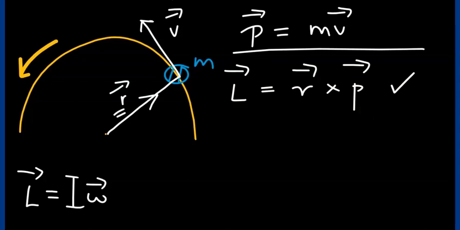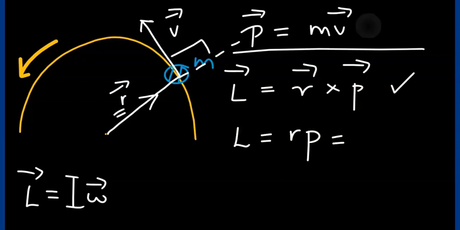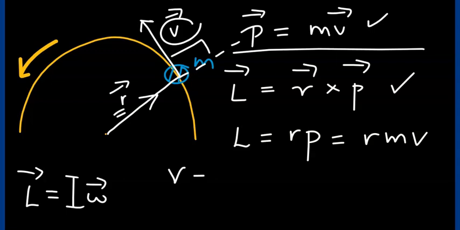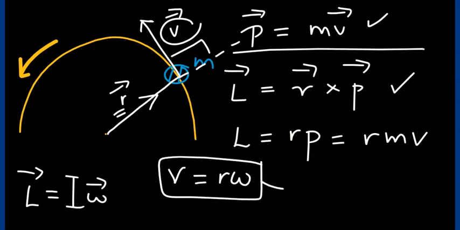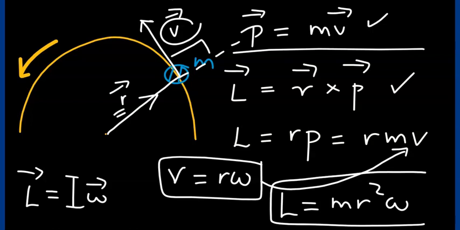Let's look at the magnitude of vector L. Since vector r and v are perpendicular to each other, the magnitude of vector L is quite simply r times p. But we know from this equation p is mv, so you can write r m v. We also know the tangential speed is related to angular speed in the following manner. Substituting v in here, we get the following equation for the angular momentum of this point particle.